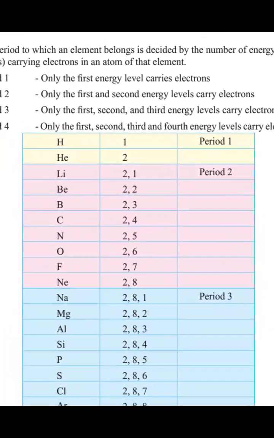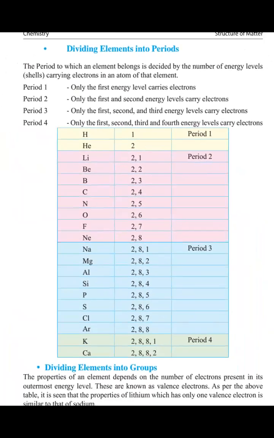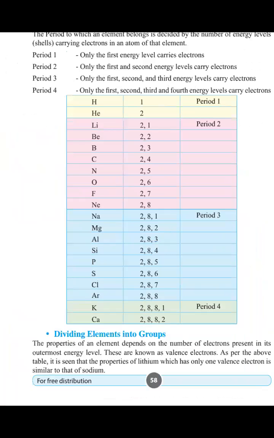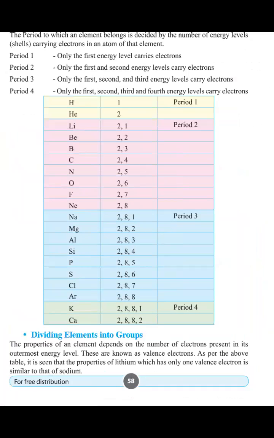Hydrogen, helium, 1 level. Lithium to neon, 2 levels are filled with electrons. Sodium to argon, 3 levels are filled. Potassium to calcium, 4 levels are filled. Then the elements should be grouped. How are the columns determined?